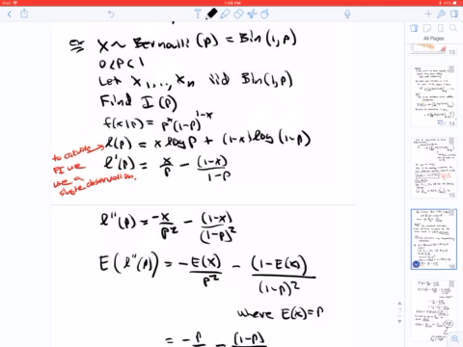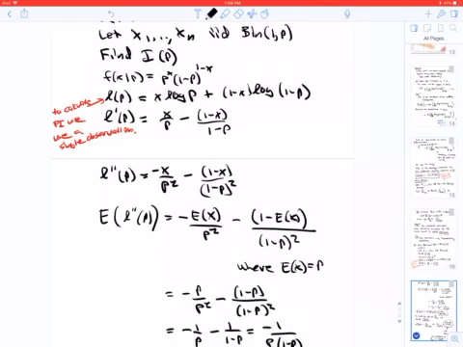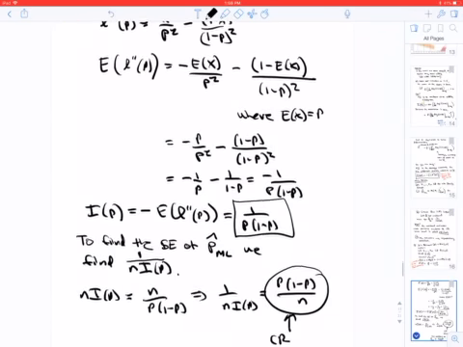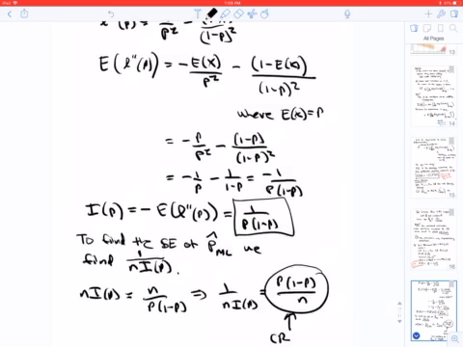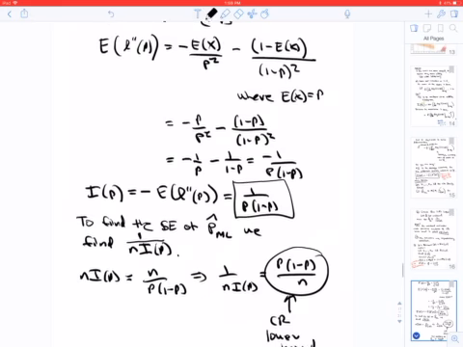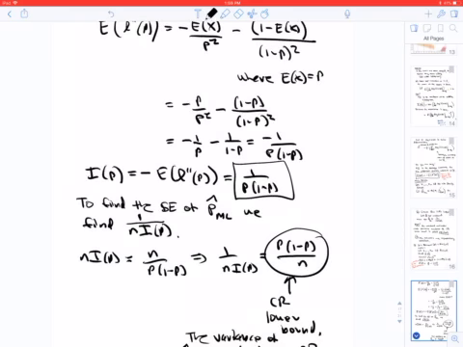We need to calculate the log likelihood, the derivative of the log likelihood, the second derivative of the log likelihood, all for a single observation, mind you. Then we need to take the expectation, and so it's minus the expectation of the second derivative. We get this formula, 1 over p times 1 over (1 minus p).